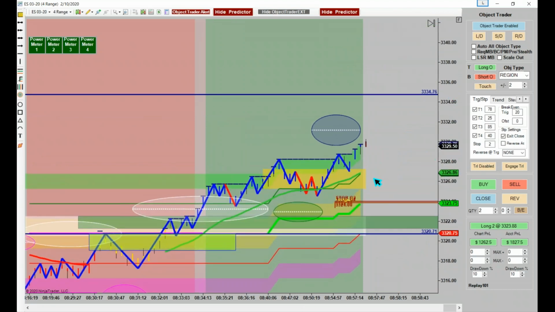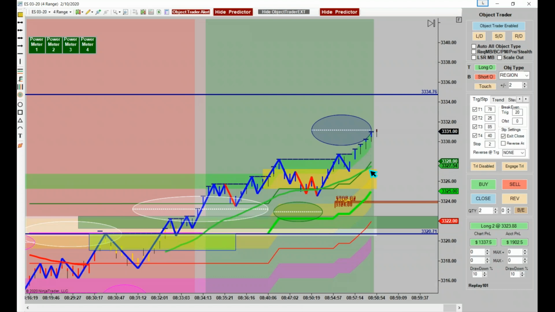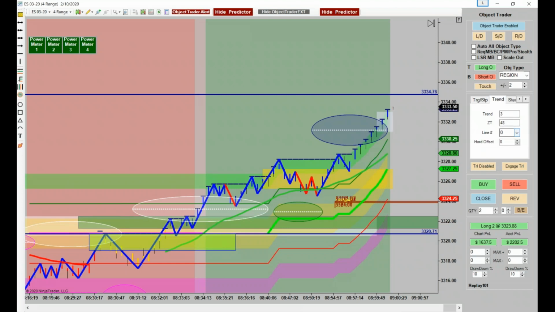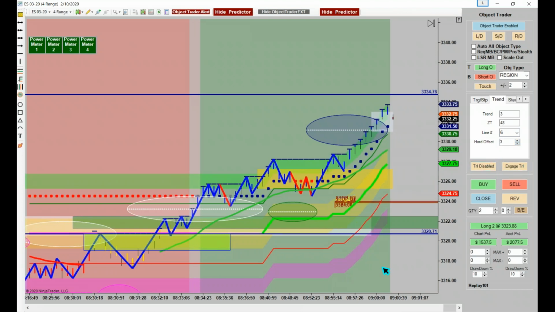And where did we say our runner was? Remember? Line 6, a couple of ticks back, close of the bar. And you can actually emulate that on Object Trader by simply turning on trend. All right, I'm turning on trend and go to line 6 and go like 2 ticks or 3 and hit your space bar. You'll know where the stop will be.